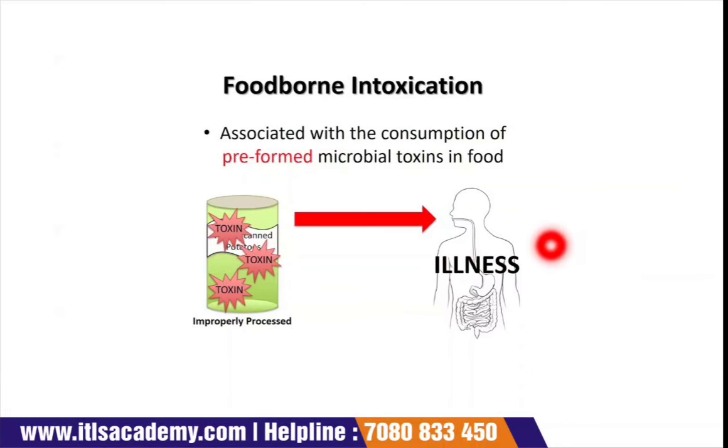So it is very important for people to do a sensory analysis before consuming any food item. Sensory evaluation means you have to see the food, what the appearance of the food is, and how the food smells. If the food is not appearing good, you avoid that food.